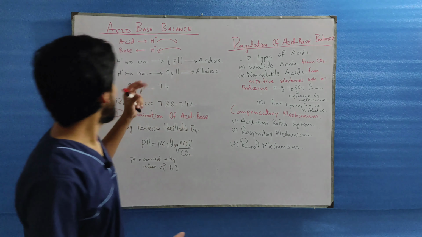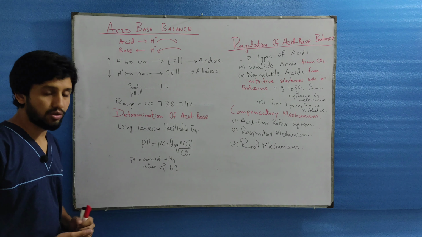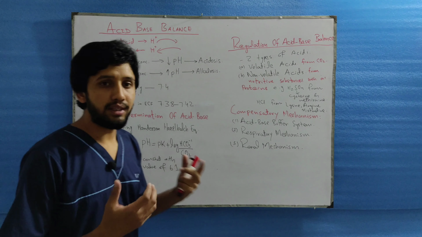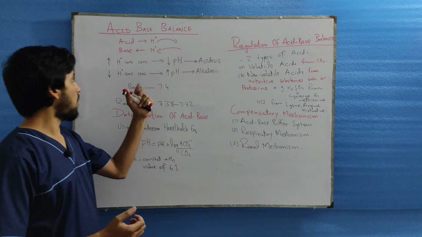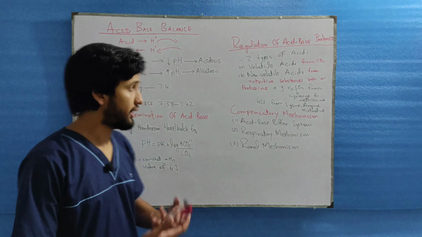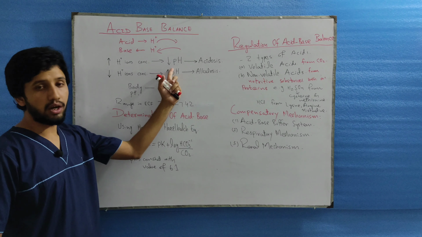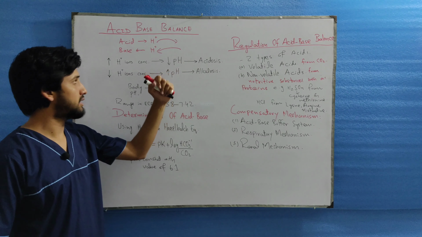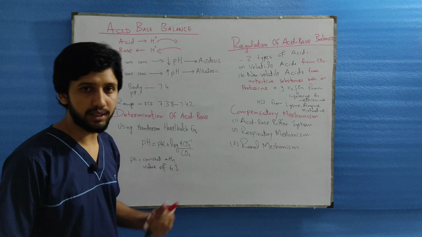So here is acidosis and alkalosis. What is acidosis? When there is an increase in the concentration of H+ ions in our body fluids, there will be a lowering of the pH. What is pH? pH is the negative logarithm of the H+ ion concentration.